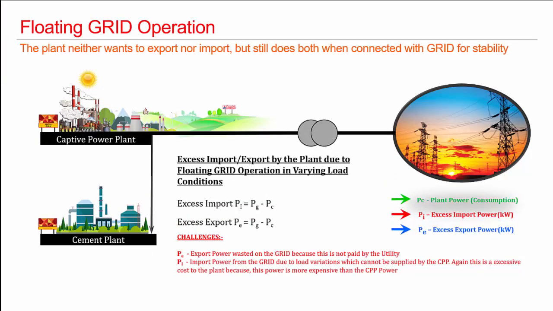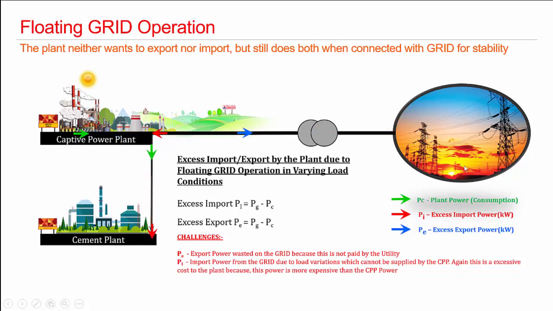In floating grid operation, the plant neither wants to export nor import, but still does both when connected with the grid for stability, which means the plant does not have any agreement with the utility. So anything that it exports will not be paid back, and whenever it imports based on the maximum demand of the plant, the import charges for every unit will be done as per the tariff of the utility.